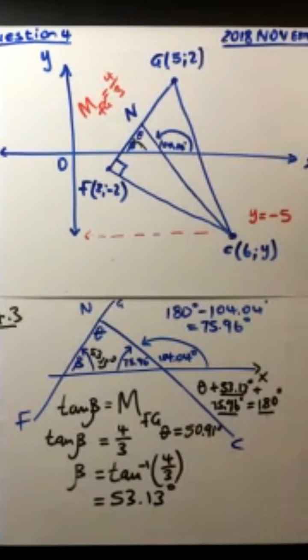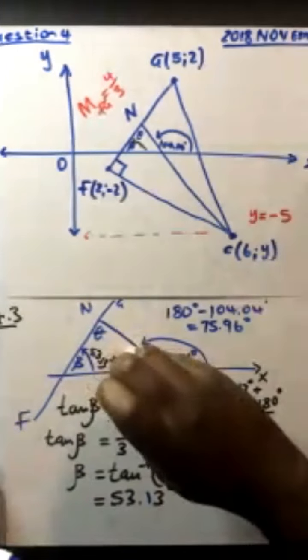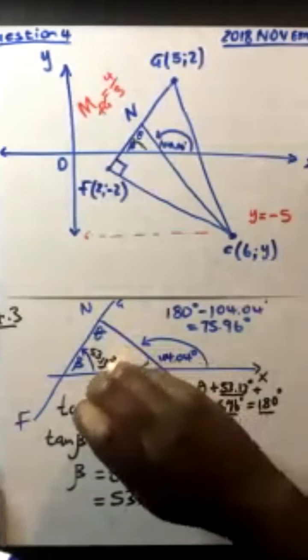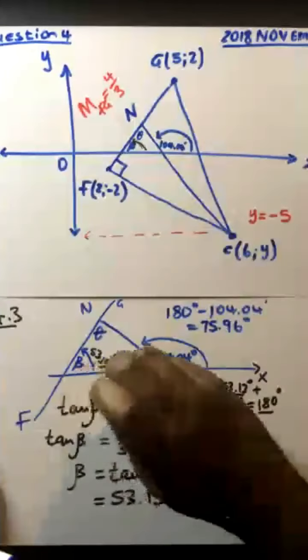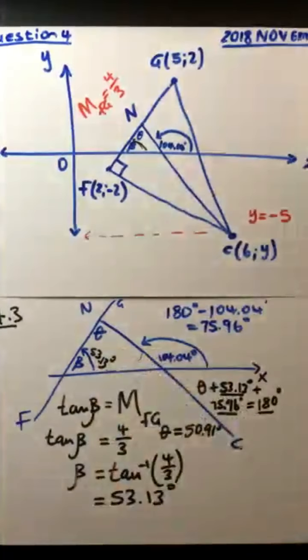100%. So, guys, let's say, for example, we only had that angle. Let's say we just calculated that angle beta. Is there a rule that we can use to find that angle theta?